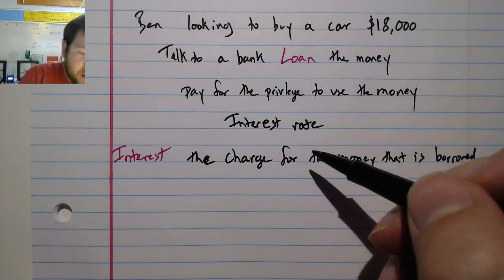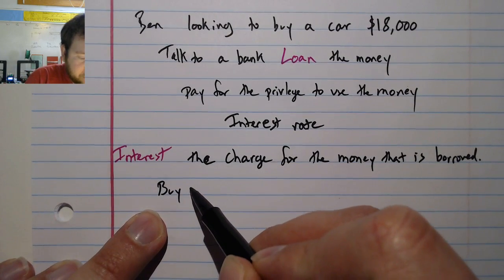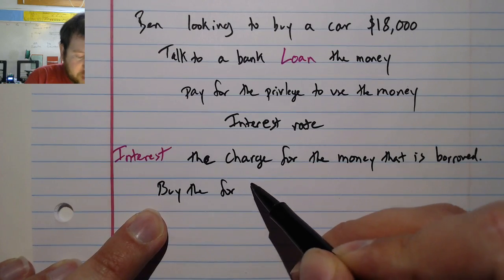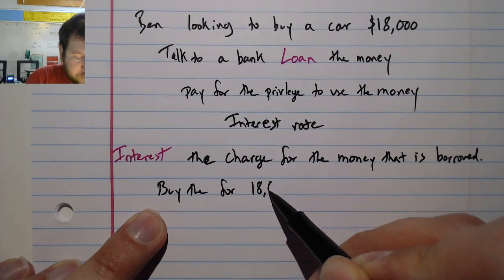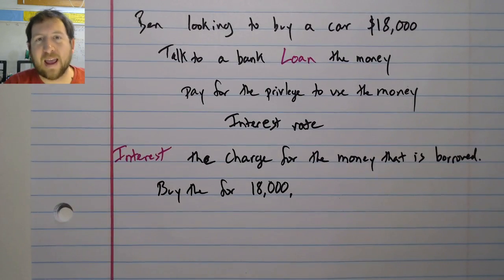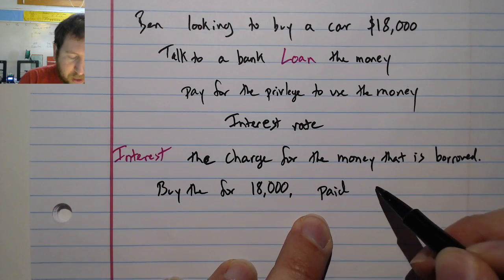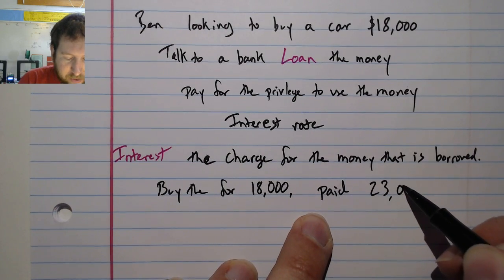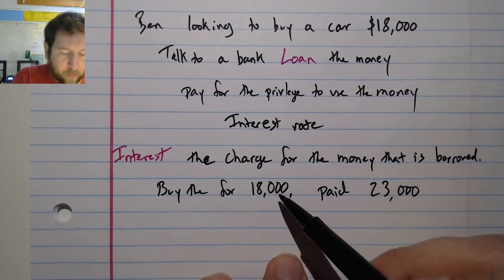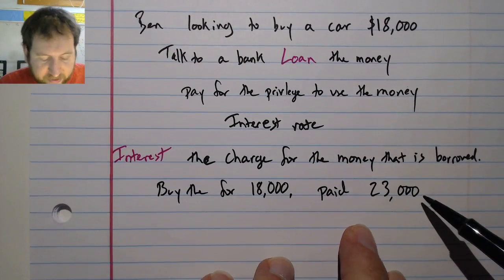So, for example, with Ben and his car, he might buy the car for the $18,000. But by the time he's done paying it off after his loan, he may have paid $23,000. Well then, why, if he bought something for $18,000, shouldn't he have only paid $18,000?